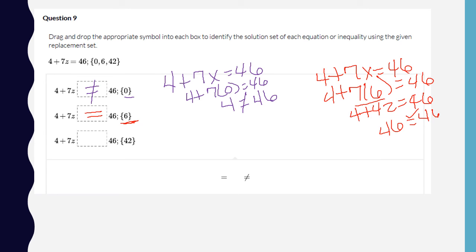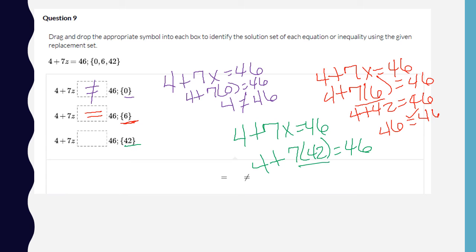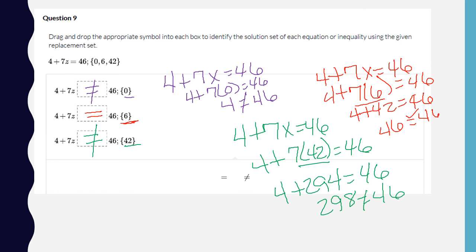And I'm going to look at my last one. It wants me to plug in 42. So I plug that in. I've got to do 7 times 42. So 7 times 2 is 14. I'm carrying 1. 7 times 4 is 28, plus that 1 is 29. So then I add this side and I get 298 equals 46, and that's not true. That's a not equal.